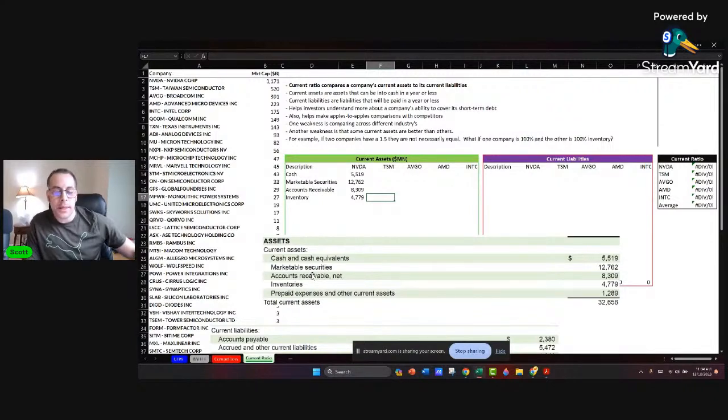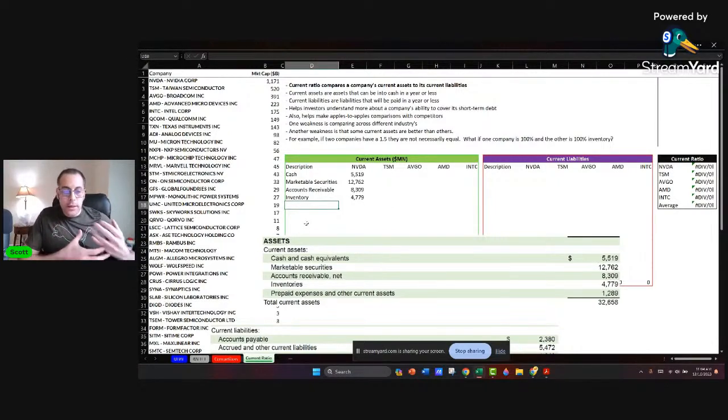Now someone owes you the money, you just have to wait for them to pay you. And it's pretty likely you're going to get paid. It's probably 95% of the time you get paid. There's times you don't get paid. People return products. People go out of business. But generally you get paid. Inventory, you have to do something with that inventory, find a customer to buy it. So that's why it's lower on the liquidity scale. And then we can see the actual current assets, the actual current liabilities, and compare them and see if they're really apples to apples.